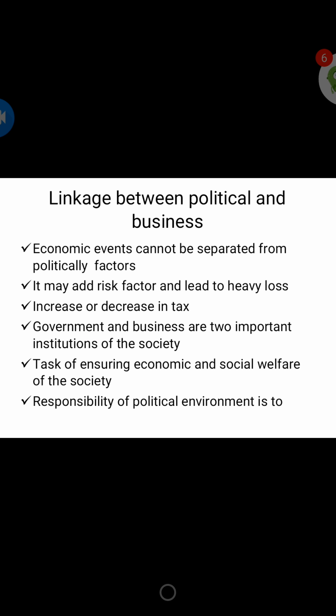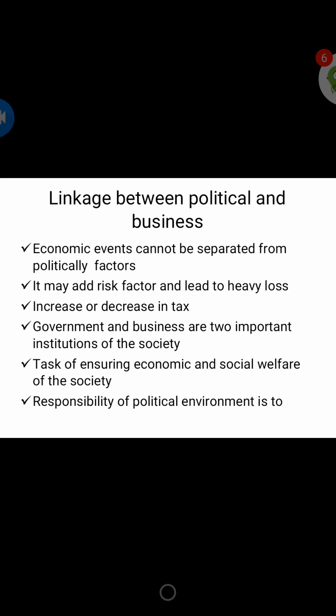Business and political factors should go hand in hand, together, so they cannot be separated. It is difficult to separate economic events from political factors. The political factors affecting business are often given a lot of importance.